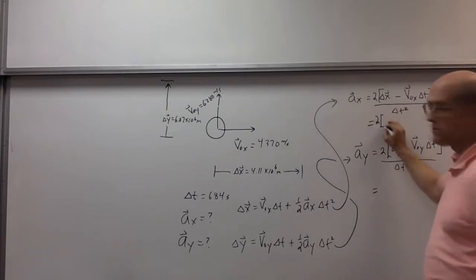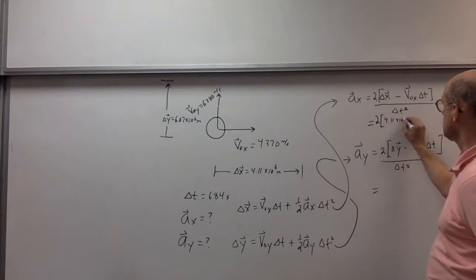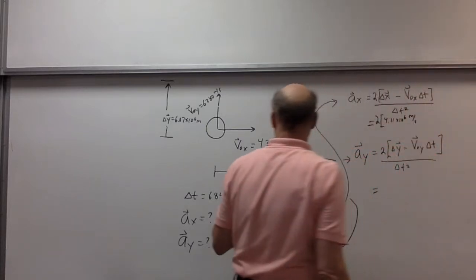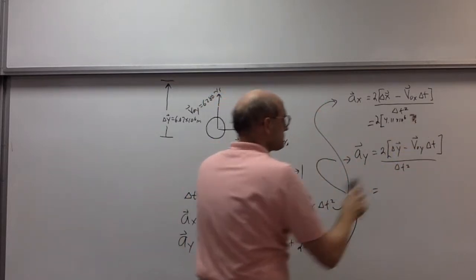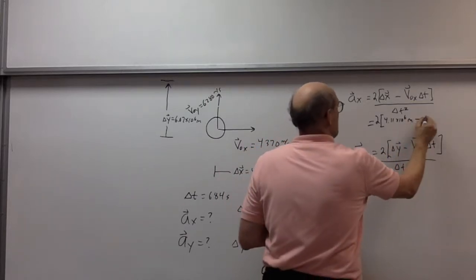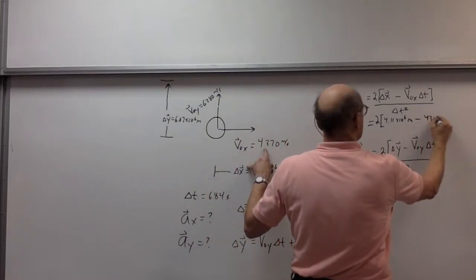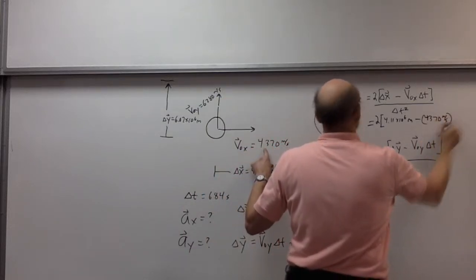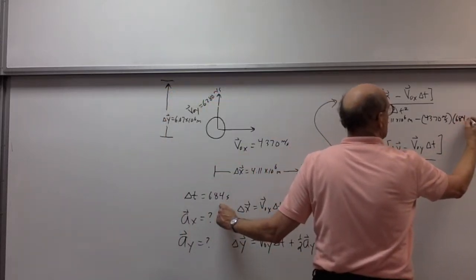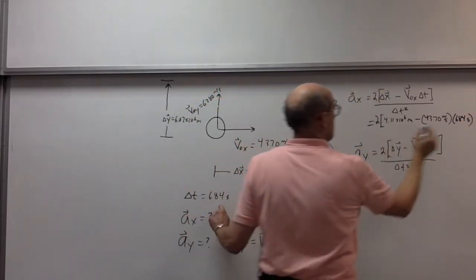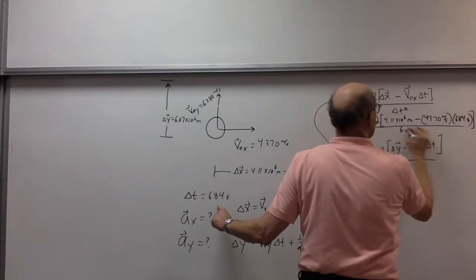So this is 2 times 4.11 times 10 to the 6 meters, minus VOX, which is 4,370 meters per second, multiplied by the time, 684 seconds, all divided by 684 seconds squared.